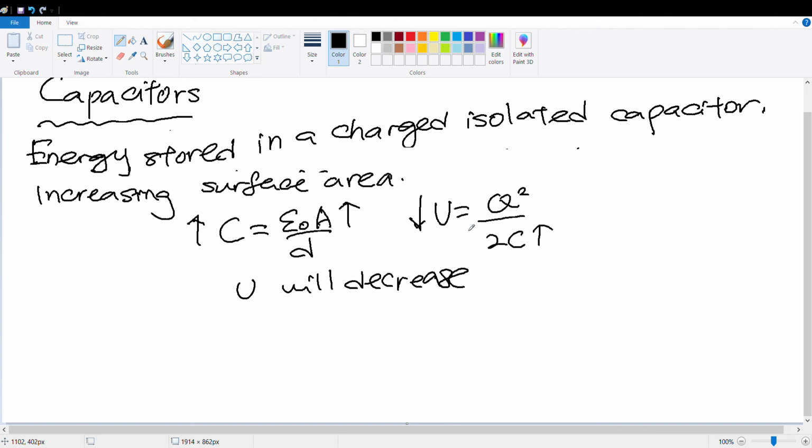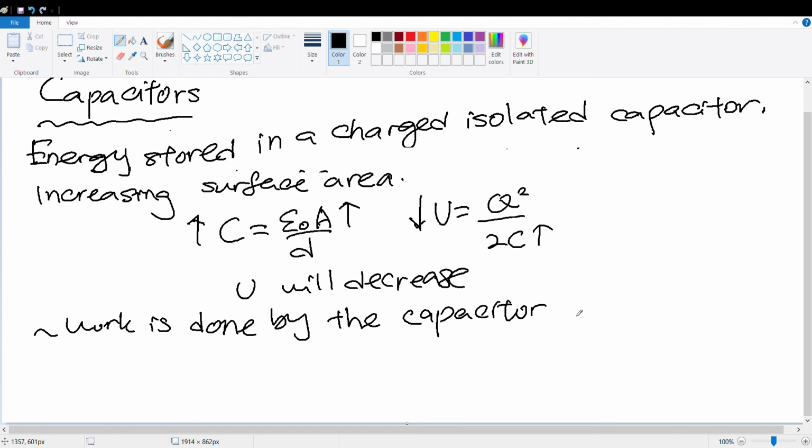In fact, this is because work is done by the capacitor to pull the two plates to increase the plate's area. Let me just check for a moment.